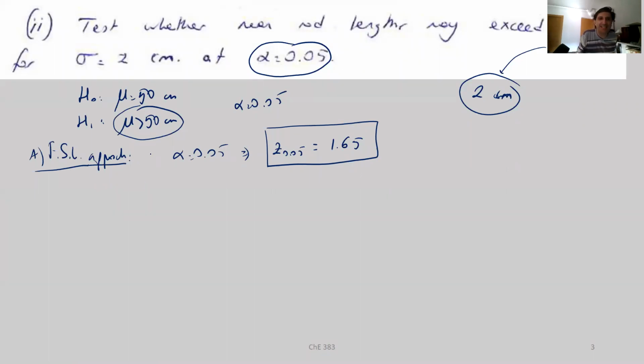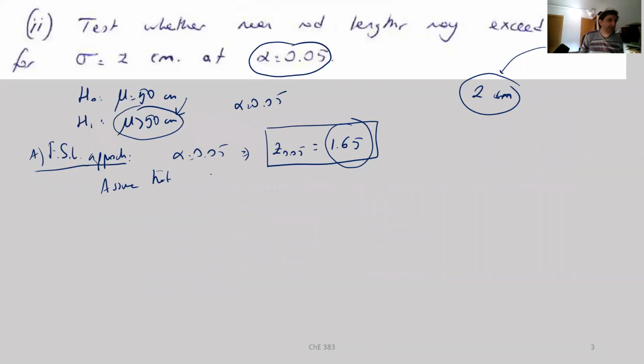The way to test this alternative hypothesis is to compare the Z0 value, the test statistic, with a boundary value. And that boundary value should be a positive value because we are talking about a mu value greater than the hypothesized one.